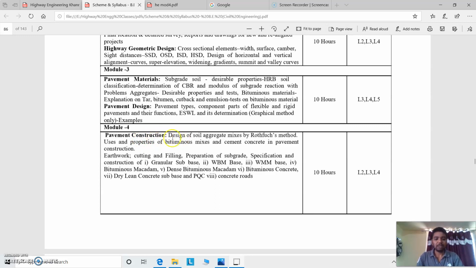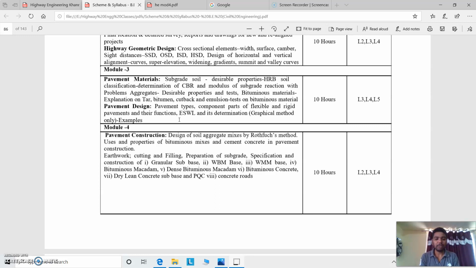Now I will discuss the design of soil aggregates by Rutherford method, right? For this you will need a semi-log graph again. In this syllabus, in this subject, you'll have two semi-log graphs: one for equivalent single wheel load and another for Rutherford method.